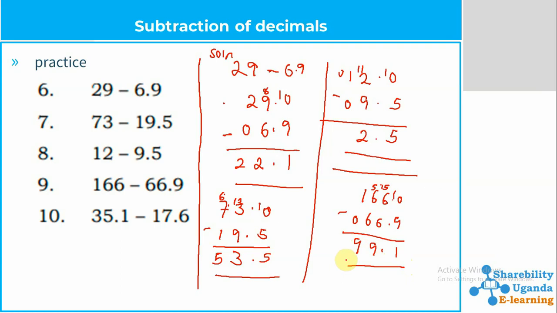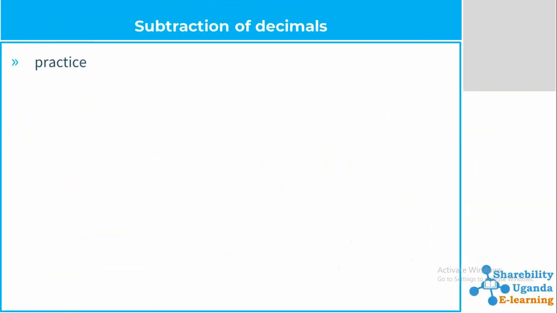Lastly we have 35.1 minus 17.6. Let's work it out here.